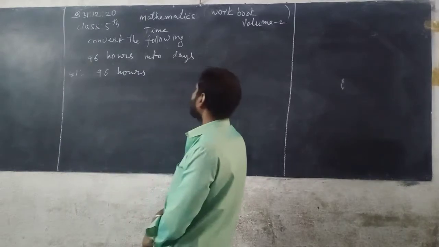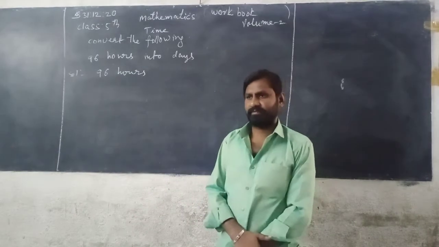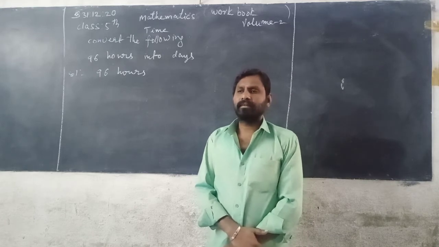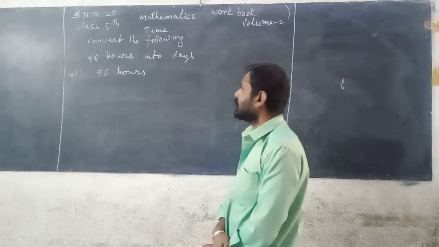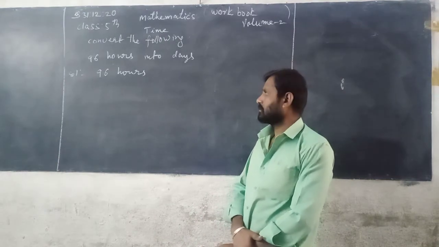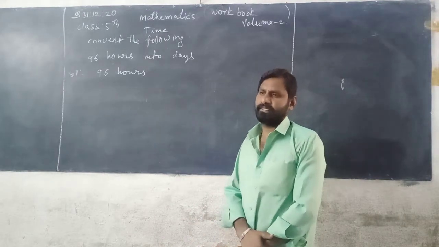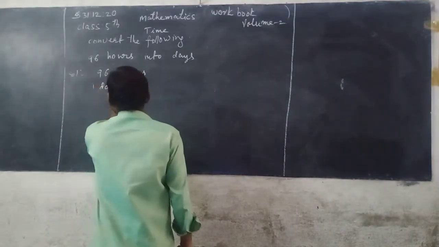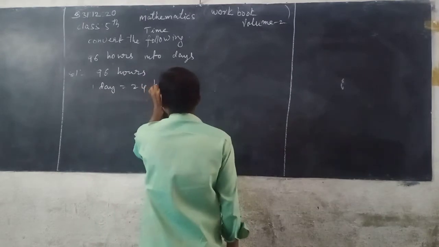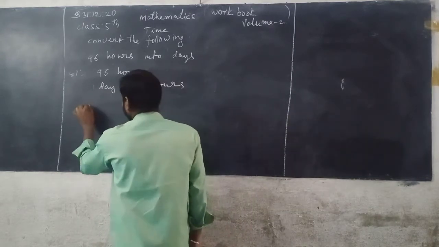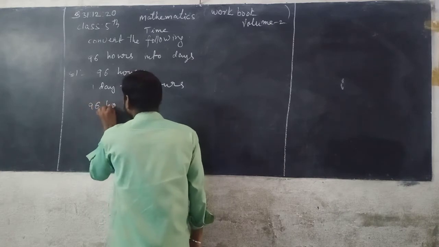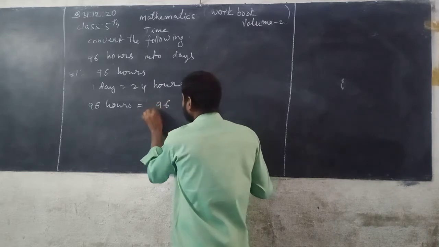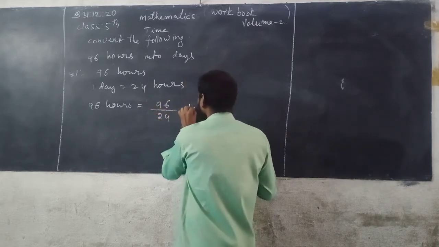Hours is converted to days. 1 day is equal to 24 hours. Now we have to divide by 24. 1 day is equal to 24 hours. 96 hours is equal to 96 by 24 days.